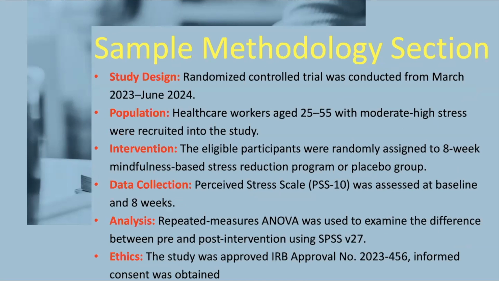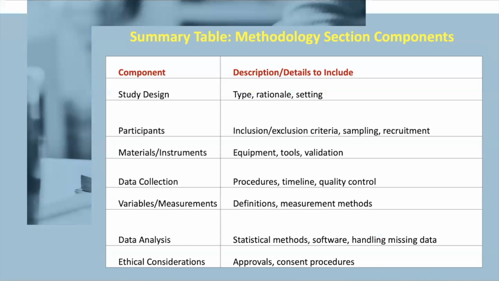Data collection: we used the Perceived Stress Scale, PSS-10, assessed at baseline and after 8 weeks. Analysis: we used repeated measures ANOVA to examine the differences pre- and post-intervention using SPSS V27. Pretty neat, right? Here is the summary table that can guide you easily.